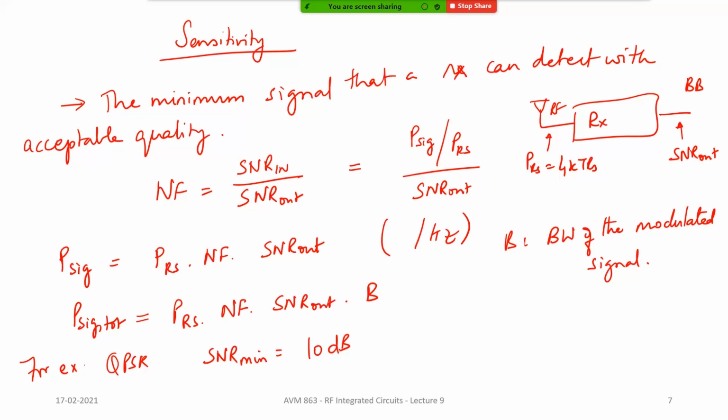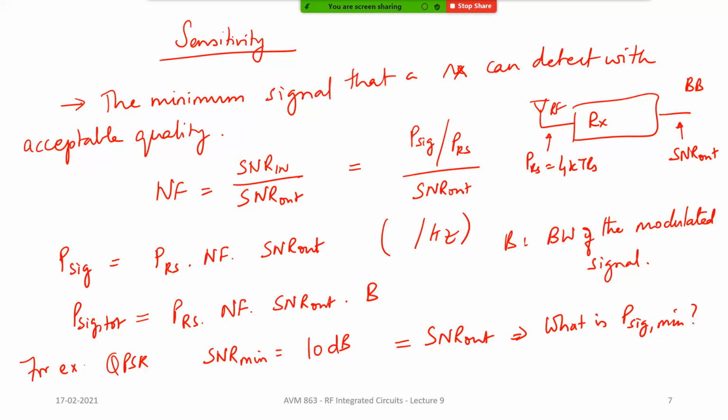Now, if this needs to be your SNR out, what is P signal min? That is the question. What is the minimum power that should be at the receiver so that after your entire chain, you have the required SNR?